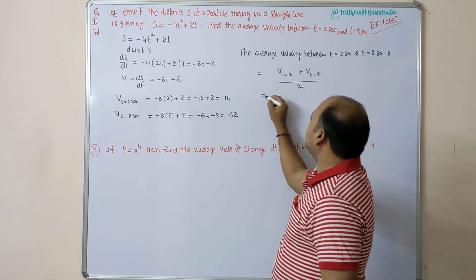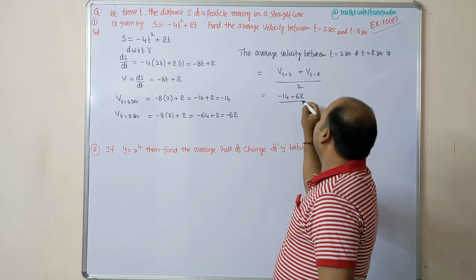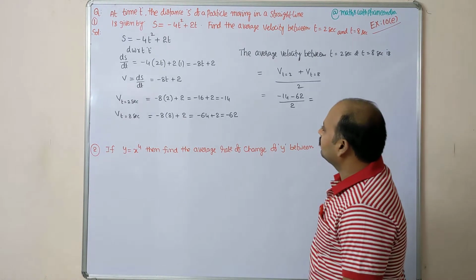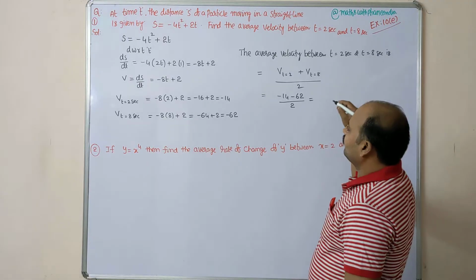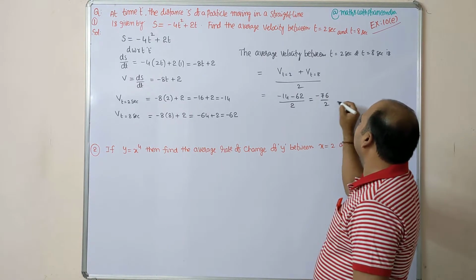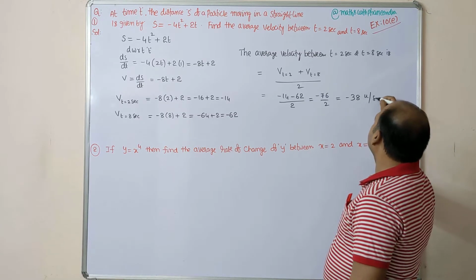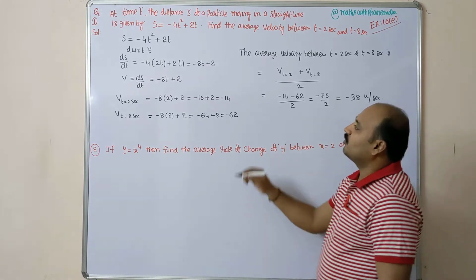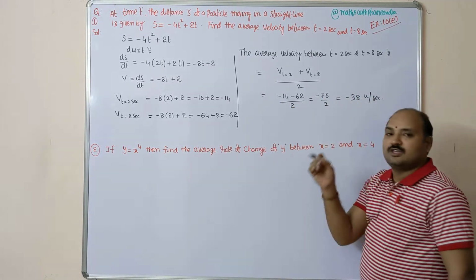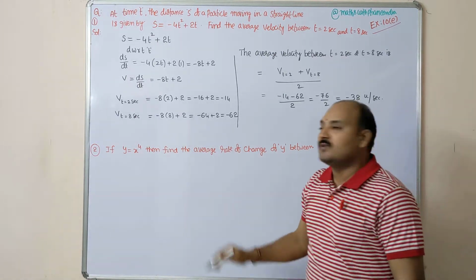So minus 14 minus 62 divided by 2, which is minus 76 divided by 2, equal to minus 38 unit per second. Therefore, the average velocity between t equal to 2 seconds and 8 seconds is minus 38 unit per second.